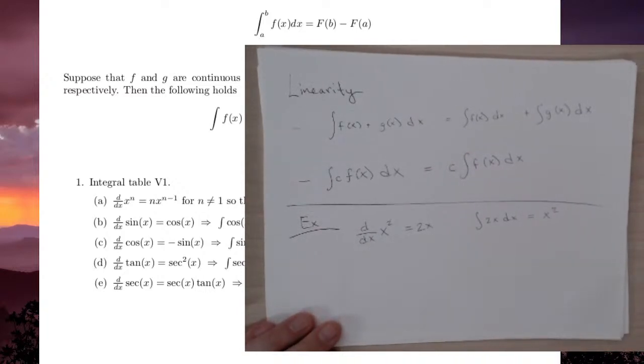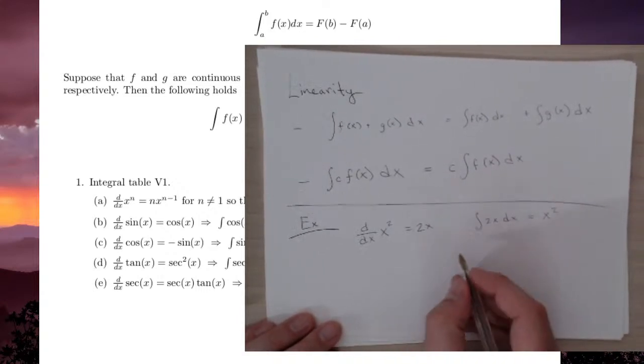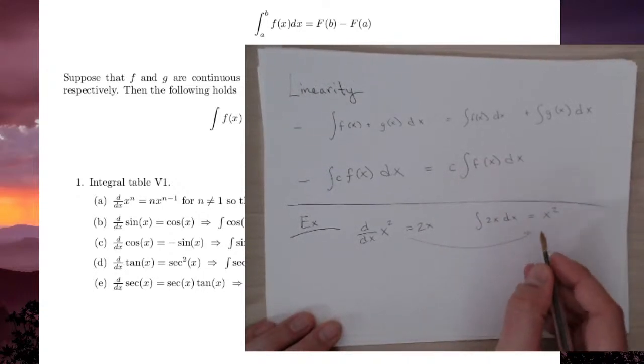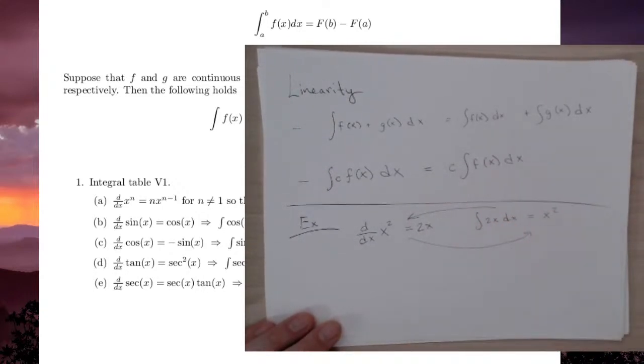But the problem here is that there's lots of antiderivatives like this. So, for example, certainly, this is a circle, I mean, we go, and then this one just takes it right back. They're sort of opposites of each other. But this is not unique.